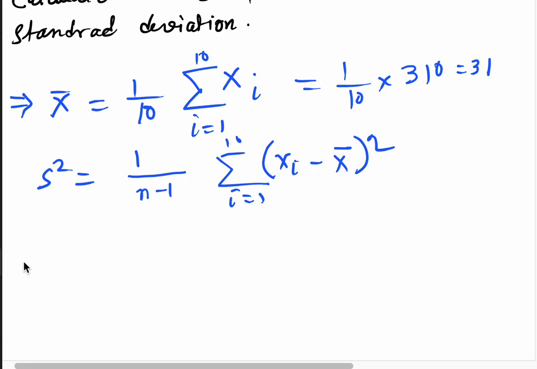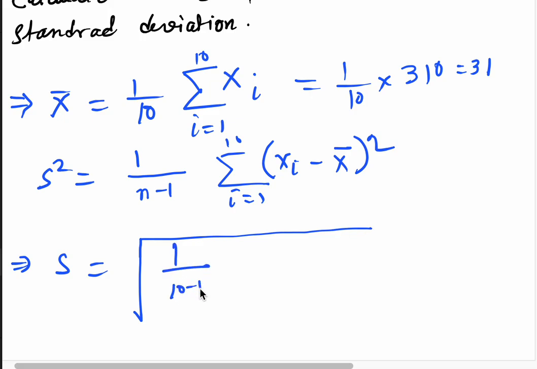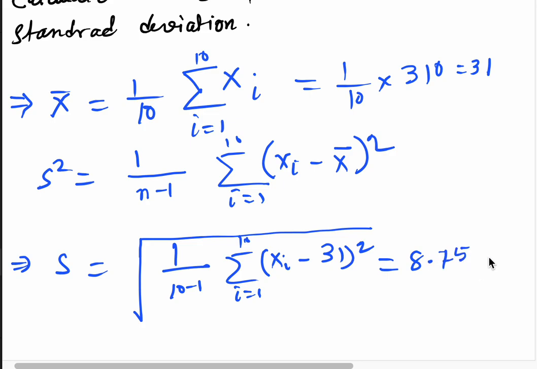The sample standard deviation is the square root of this. If we calculate it, we'll get 8.75595. That's it.